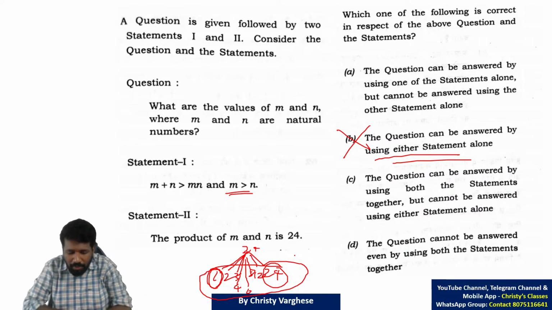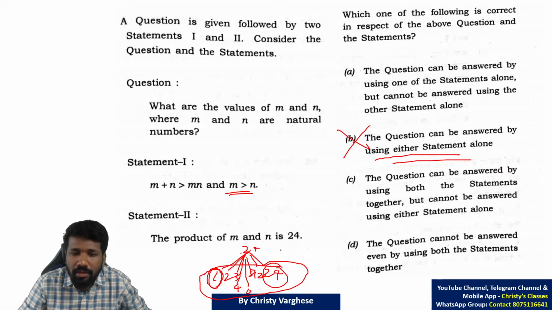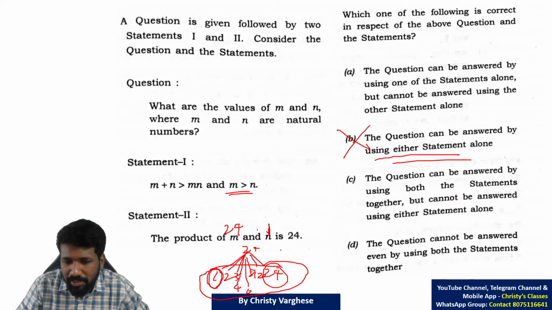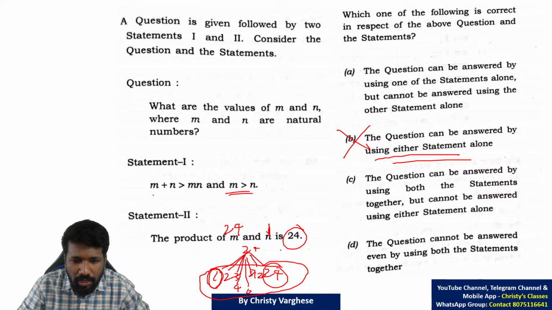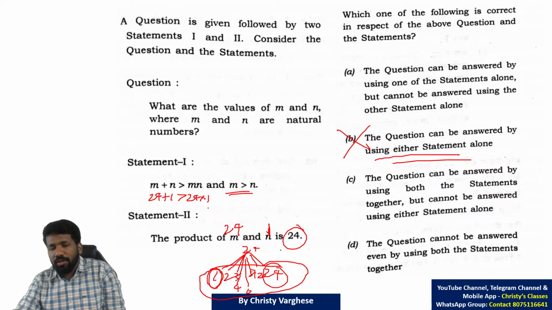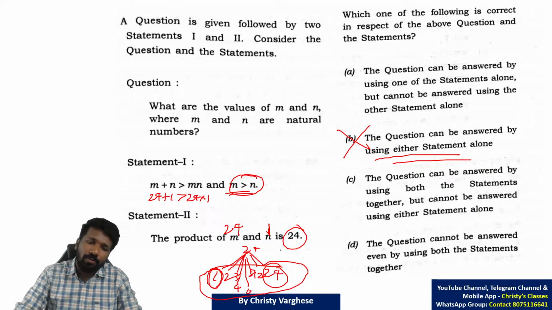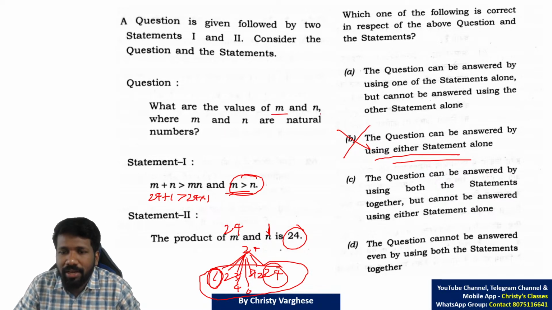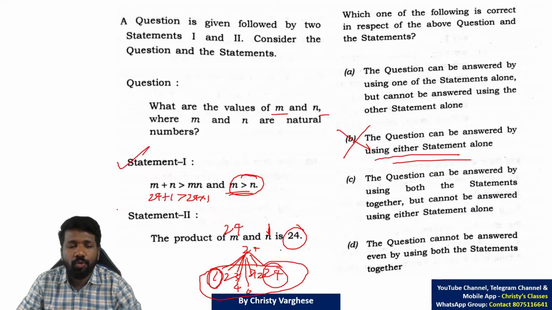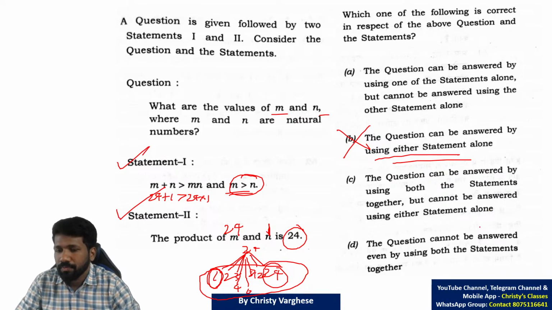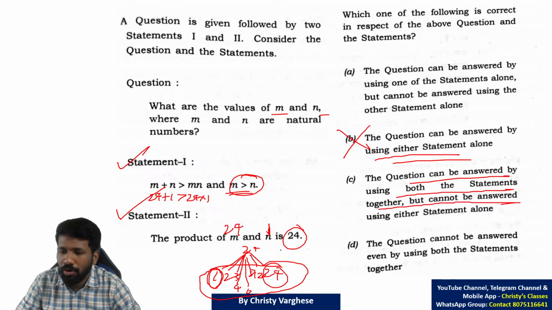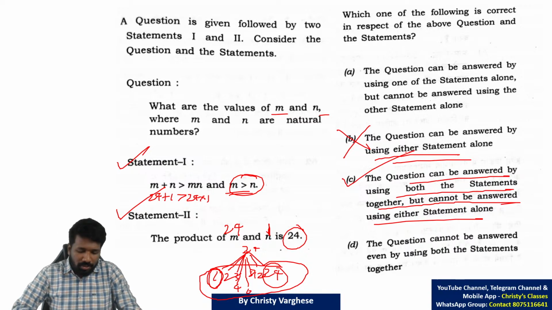So using both statements, n being 1 and m being 24 satisfies both: m into n is 24 is satisfied, and 24 plus 1 is greater than 24 into 1 because 25 is greater than 24, and 24 is greater than 1 also. So you can uniquely determine that m and n are 24 and 1. For that we use both the statements. So the correct answer is: the question can be answered using both statements together but cannot be answered using either statement alone. So option C is the answer.